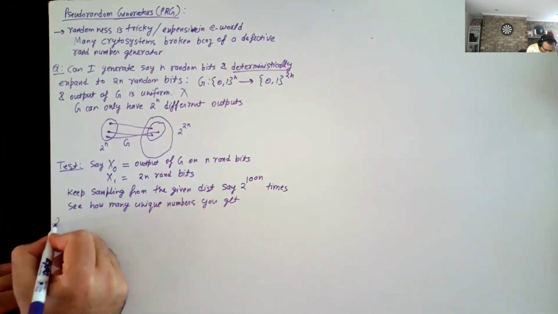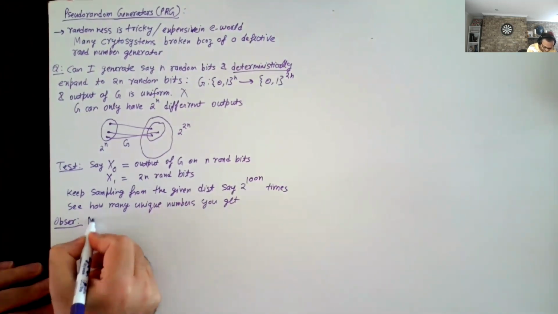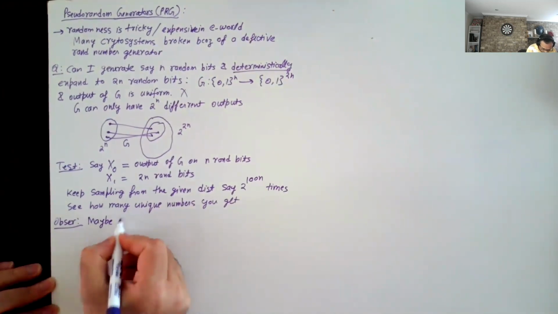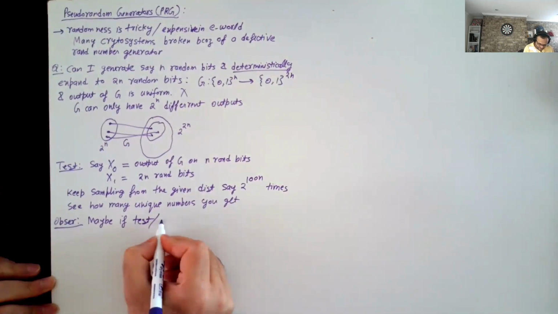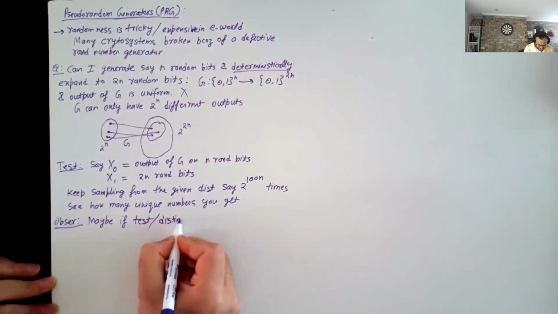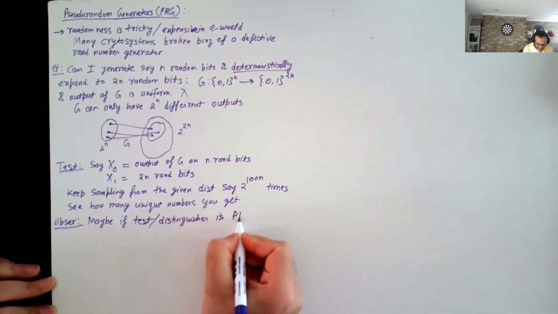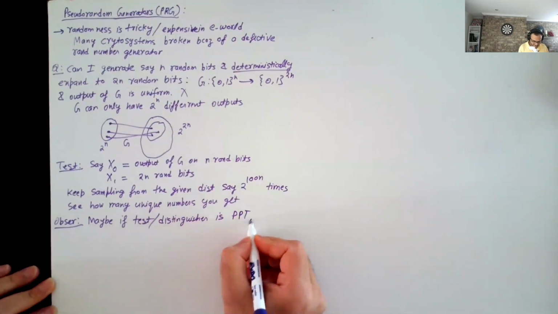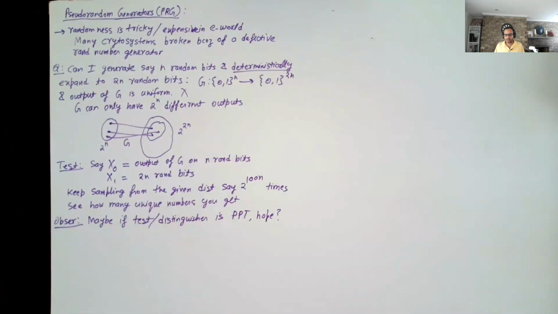So here's the observation: maybe if the test, or let's call it a distinguisher, is probabilistic polynomial time, maybe there's a hope. Because let's say n is 100, you just cannot keep sampling so many times from the given distribution. And this will turn out to be correct.